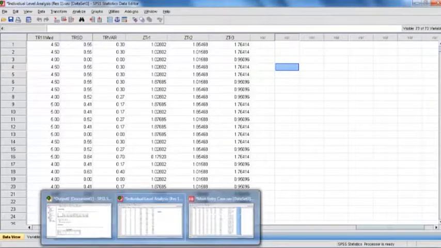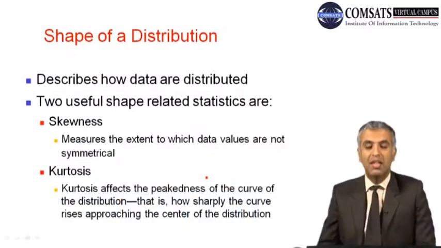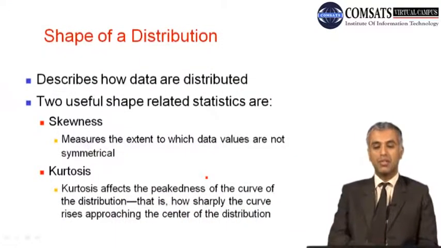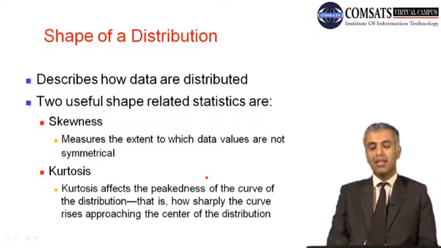So coming to the next topic, which is related to the shape of a distribution. It gives us how the data is distributed, first of all, and basically the tools which are used to describe the shape of a distribution are called skewness and kurtosis.